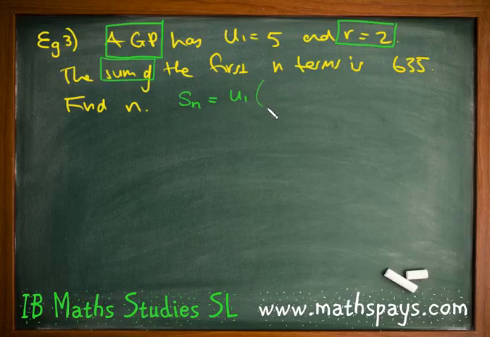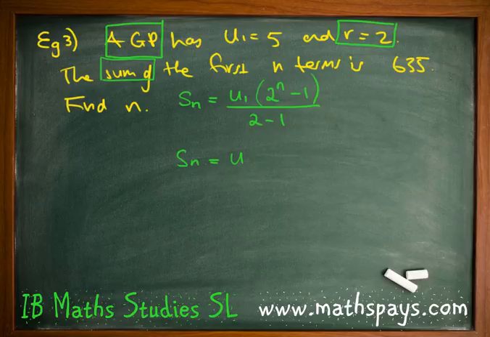Now, I know that r is greater than 1, so I can say my r to the n, in this case, is 2 to the n minus 1, all over 2 minus 1. Of course, we could simplify the denominator to 1, which means that Sn equals u1, and u1 we know to be 5, don't we?